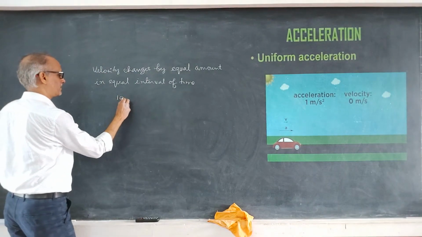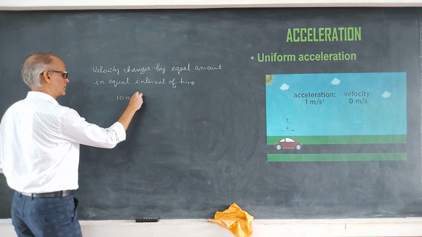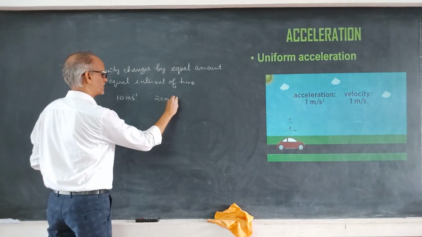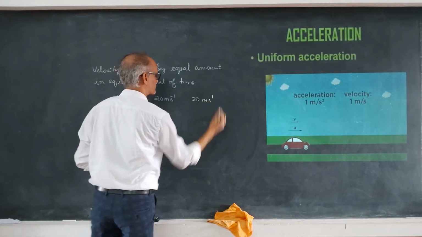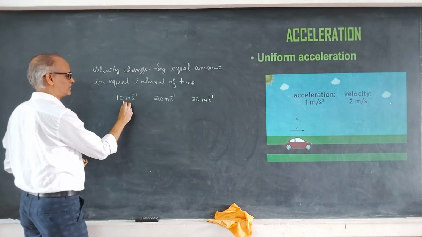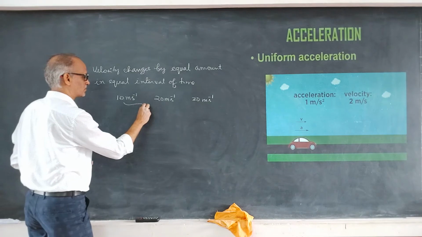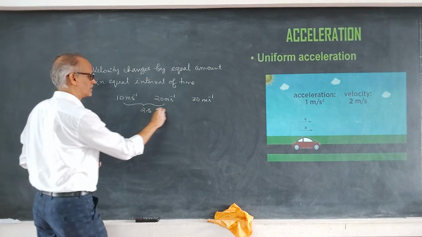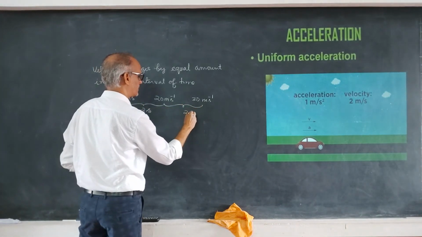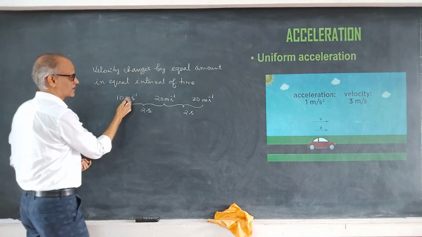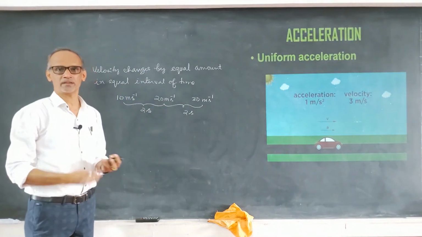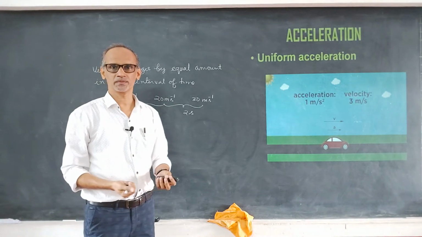Let us take velocity 10 meter per second, then it becomes 20 meter per second, then 30 meter per second. From 10 to 20 it takes 2 seconds, from 20 to 30 again it takes 2 seconds. There has to be a change in the velocity, because if the velocity does not change then the acceleration is 0, correct.